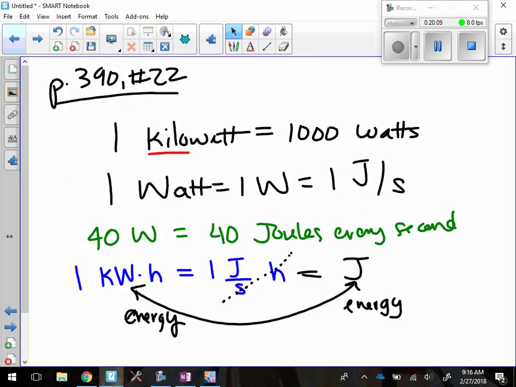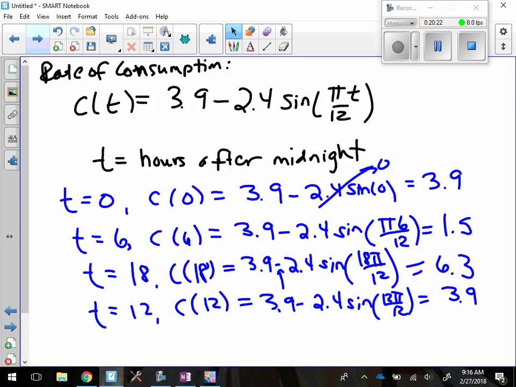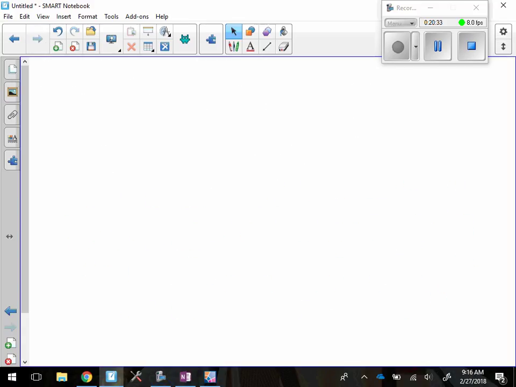What are kilowatts? Joules per second. So kilowatts measure a rate. It is the amount of energy that is consumed. So remember, units can be your friend. So this equation here gives me a rate. It gives me kilowatts.